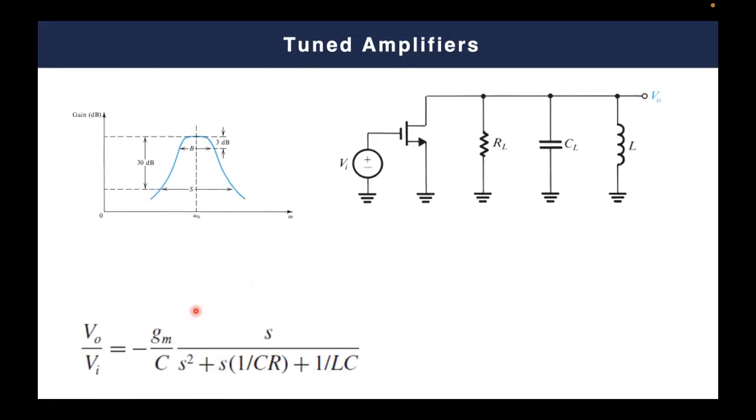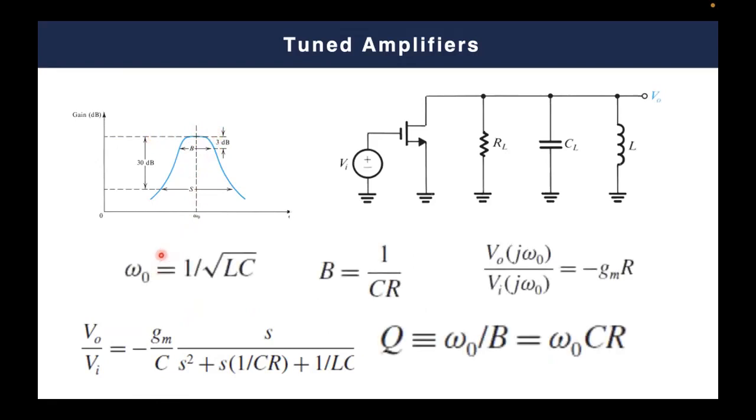It is called a band pass filter because it has a frequency at which your gain is maximum, which is equivalent to what we call the resonance frequency. And as you can see here, the resonance frequency will happen when omega equals 1 over root LC.